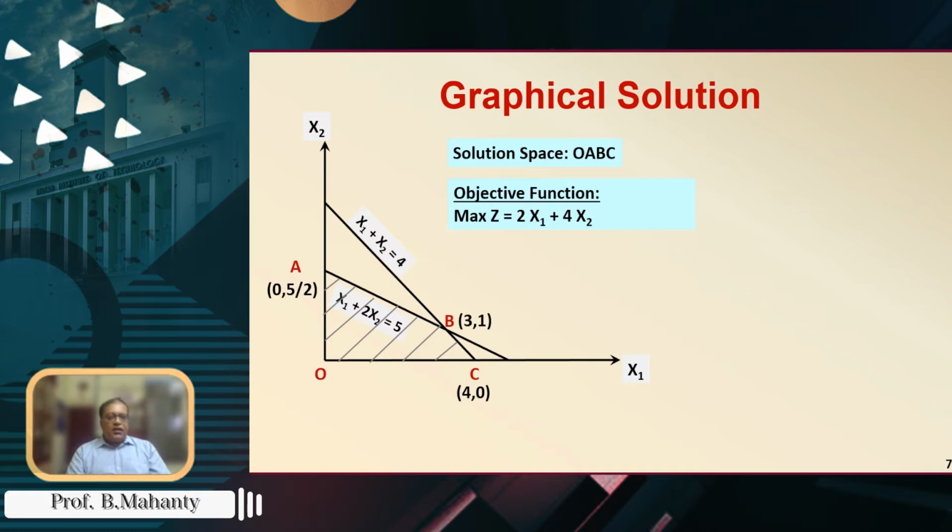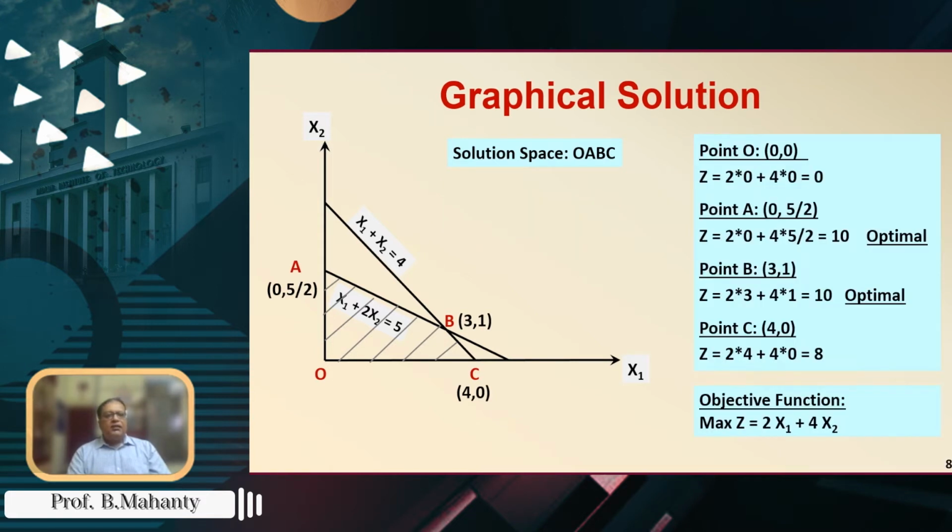That means the profit line, before leaving the solution space, would be coincident with this particular line segment AB. All right. So therefore, both A and B would be our optimal solutions.